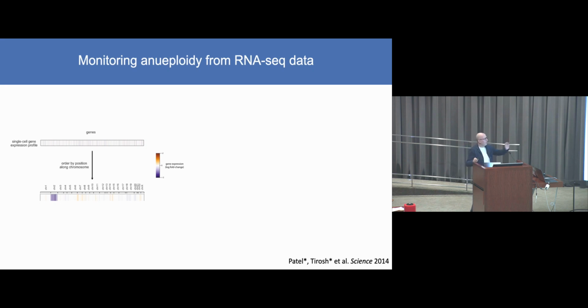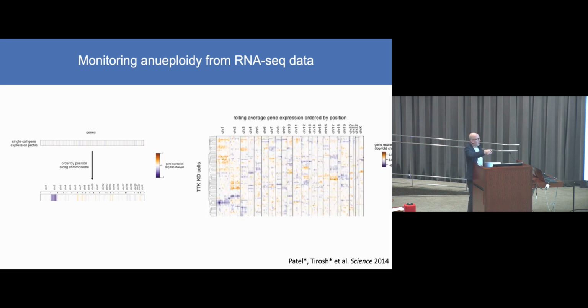So in this way, we can make the synthetic phenotype and explore for each perturbation how it's affecting the development of aneuploidy. And here's an example of TTK, a kinase on the spindle pole that is important for checking the integrity of the spindle pole. When you knock it out, as was well known, you get aneuploidy. And you see each of these is a cell.